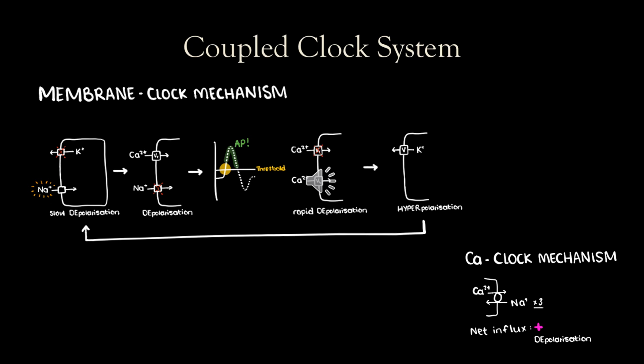In the first half of pacemaker potential, the slow closure of the potassium channels, in addition to the opening of the funny sodium channels, ensures that there is slow depolarization of the cell membrane of these pacemaker cells. In the second half of the pacemaker potential, the funny sodium channels close and the voltage-gated transient calcium channels open.